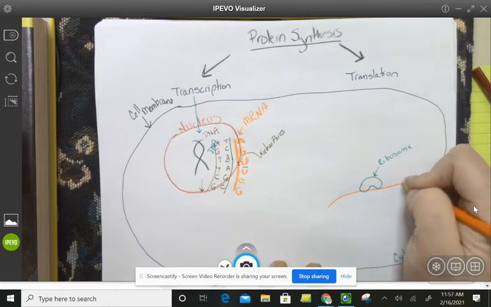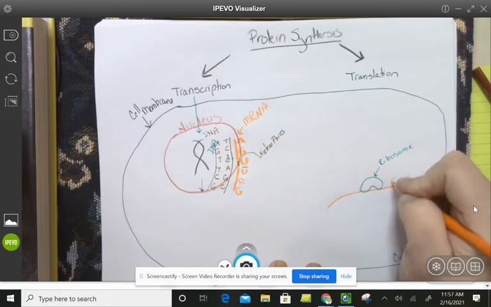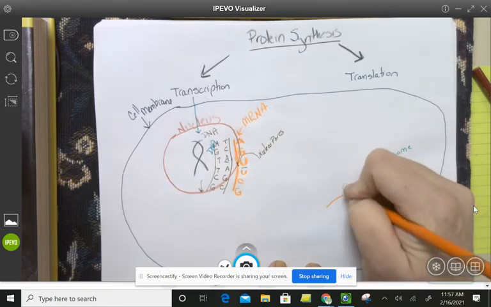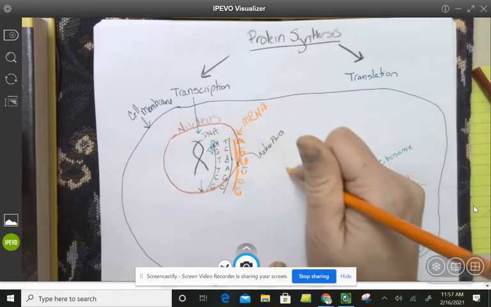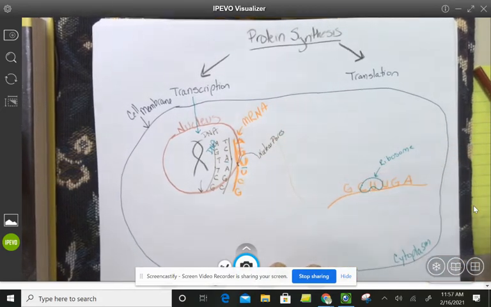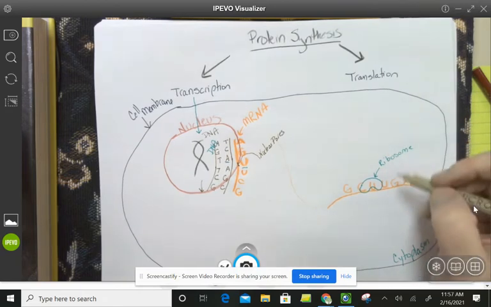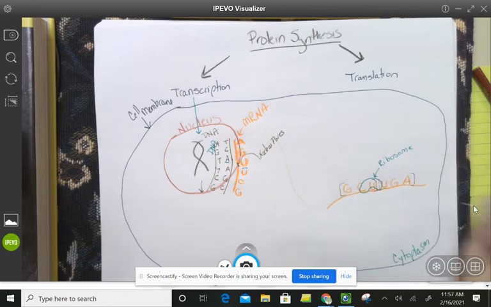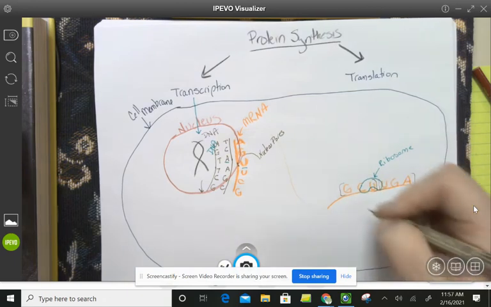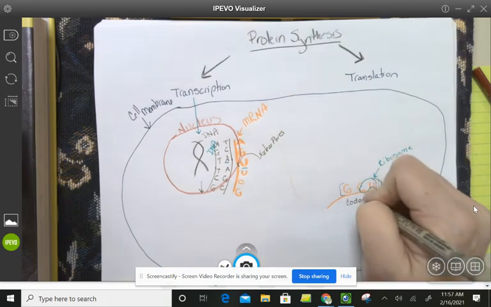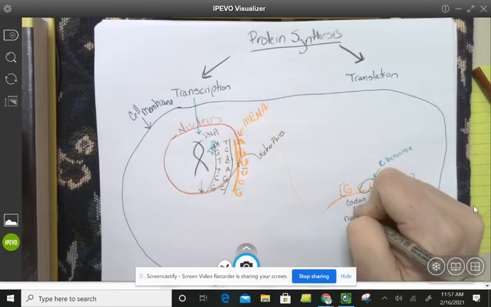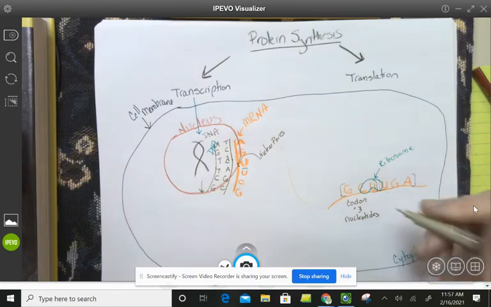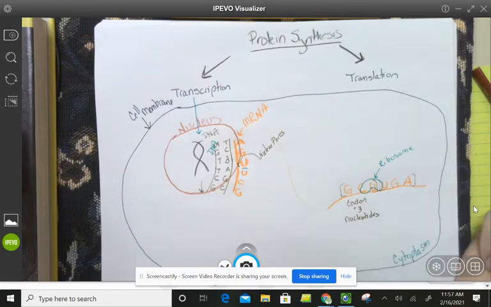So let's just do A, G, U, U, C, G. It came and it threaded itself into the ribosome like that. Every 3 nucleotides on the messenger RNA is called a codon. 3 nucleotides is called a codon. So here's one codon and here's another codon.